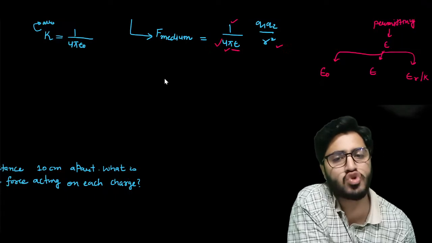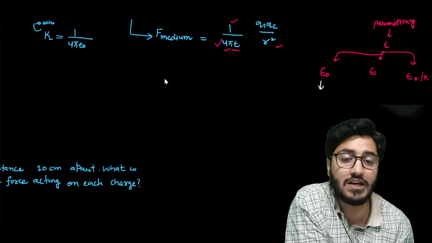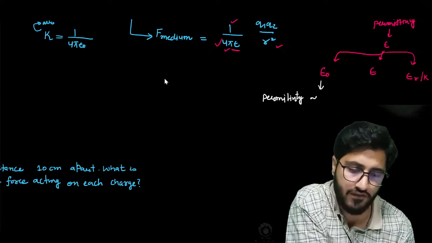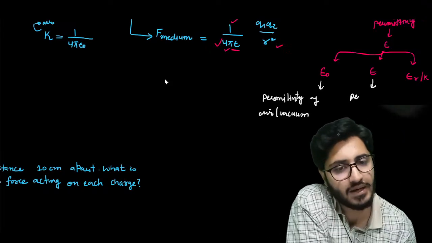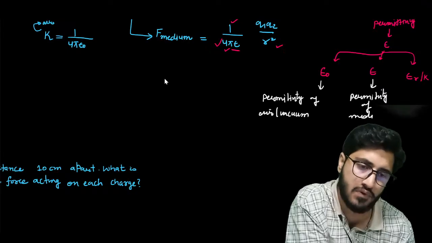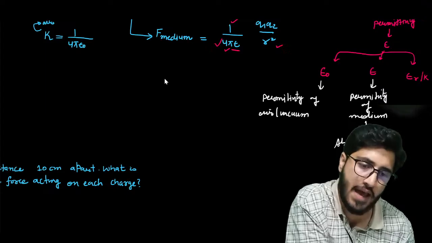One is epsilon naught, one is epsilon, and one is epsilon r, or we can write it as small k. Epsilon naught is the permittivity of vacuum, or of air. Epsilon is the permittivity of the medium, also known as absolute permittivity.